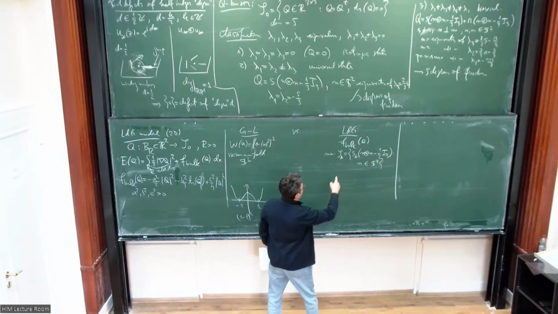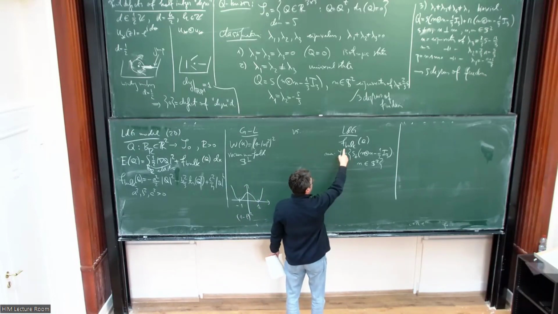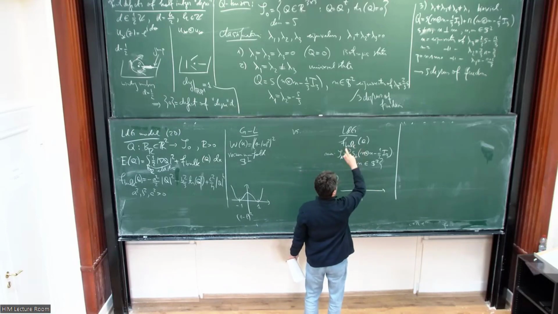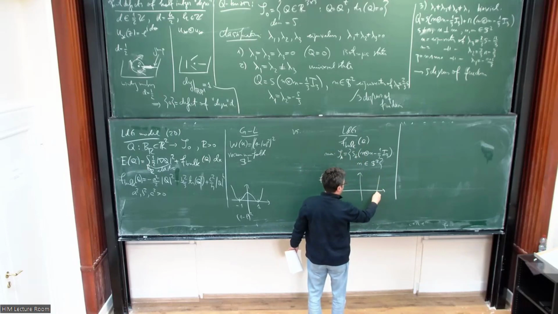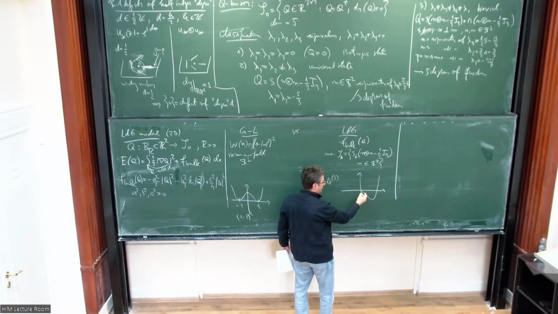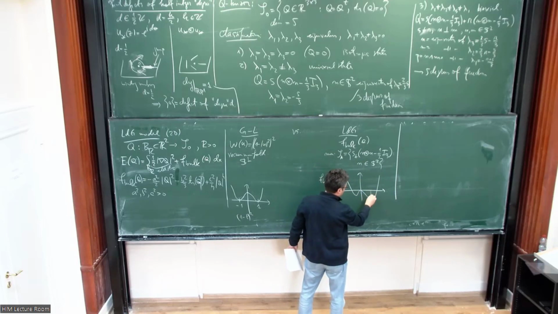So you plug into F bulk such a thing, and you have a function F bulk of S plus. When you look at the shape of that, it is not positive, but has a form like this. 0, which is the isotropic one, is still a critical point, but then you have something like this, and this is the minimum, the S plus.